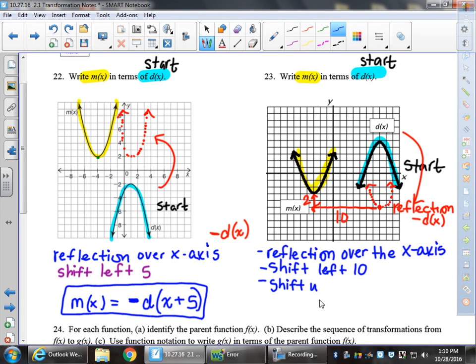Shift up 2. So now we have 3 transformations to account for. M of x equals, first will come accounting for the reflection. So negative, again, negative d of, shift left 10 will be x plus 10, inside parentheses, shift up 2 plus 2 outside of the parentheses, and we are done.